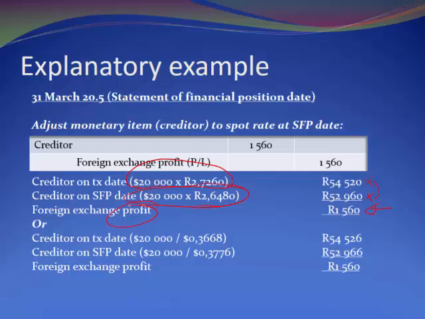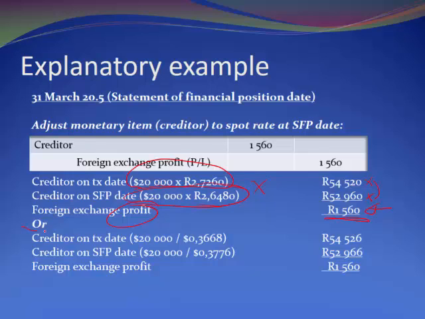The creditor, we owe less to the creditor. Previously we actually owed the creditor in rand terms 54,500. Now we only owe the creditor 52,960. So therefore there's a profit there. Now we can also calculate this by taking the difference in the exchange rate and times that by the 20,000.